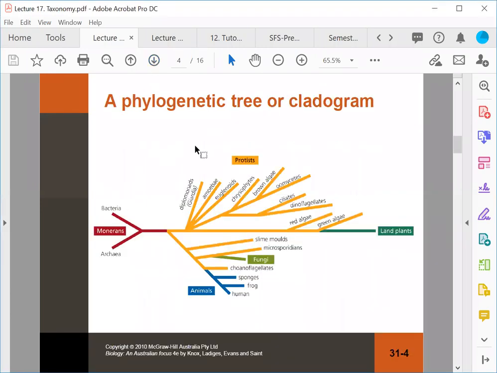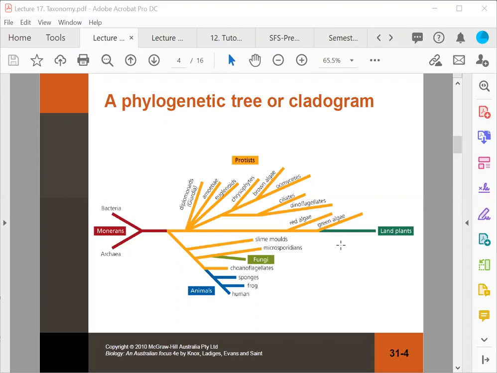All right, so here's one of those trees of life, which in the area of classification is referred to as a phylogenetic tree or a cladogram. Yes, I know, different words for the same thing, but you can see that this appears to be a tree that's lying down on its side.